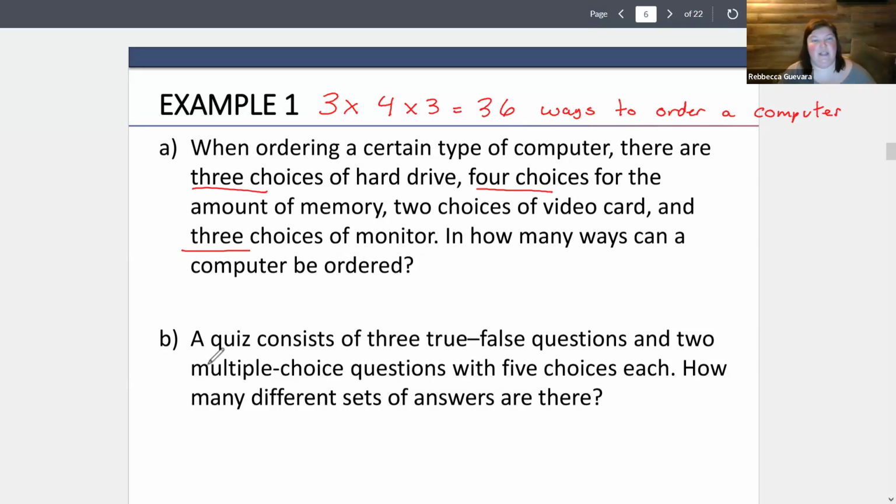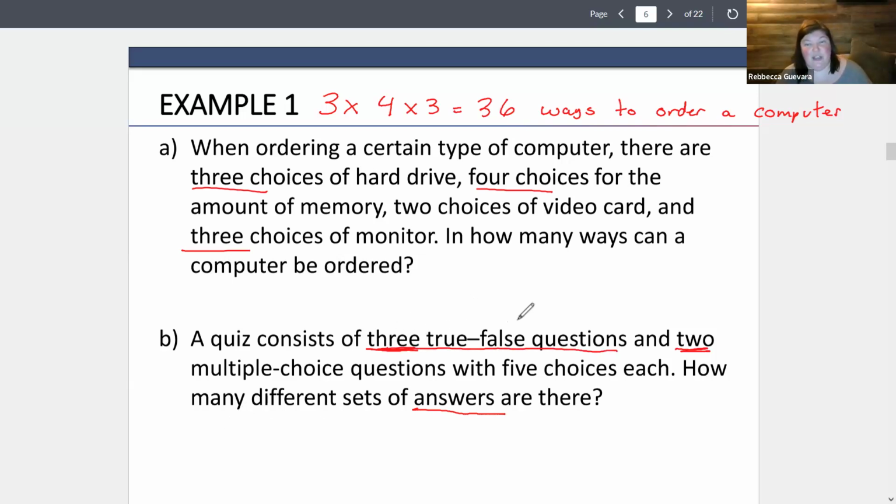A quiz consists of 3 true or false questions and 2 multiple choice questions with 5 choices. How many different sets of answers are there? So we have to think about this one a little differently. I'm counting the different sets of answers. So I have 3 cases where I have true and false questions.